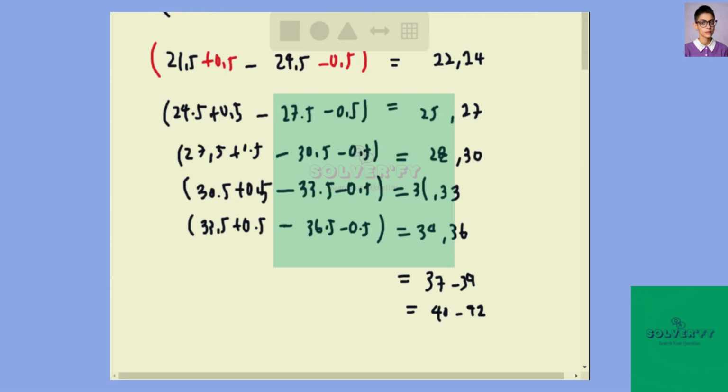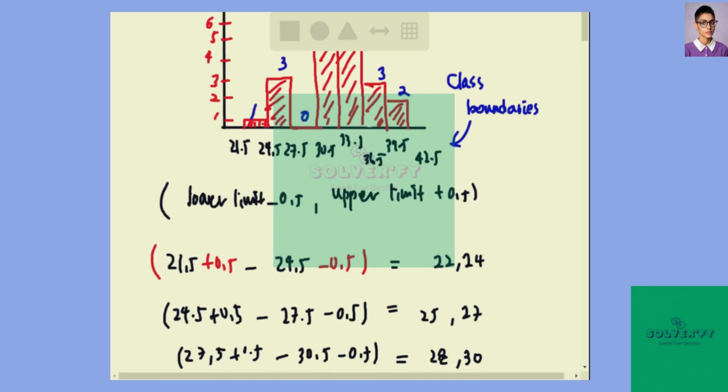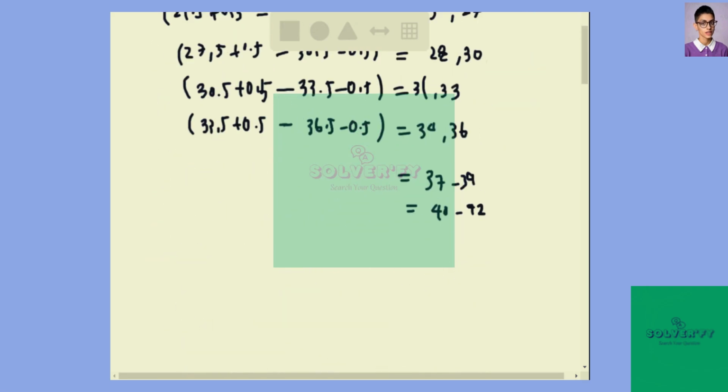So we have all this information, and the frequency is given, so it's easy. Let's write that down. We can also find the midpoint easily out of this. So let's construct the frequency distribution.